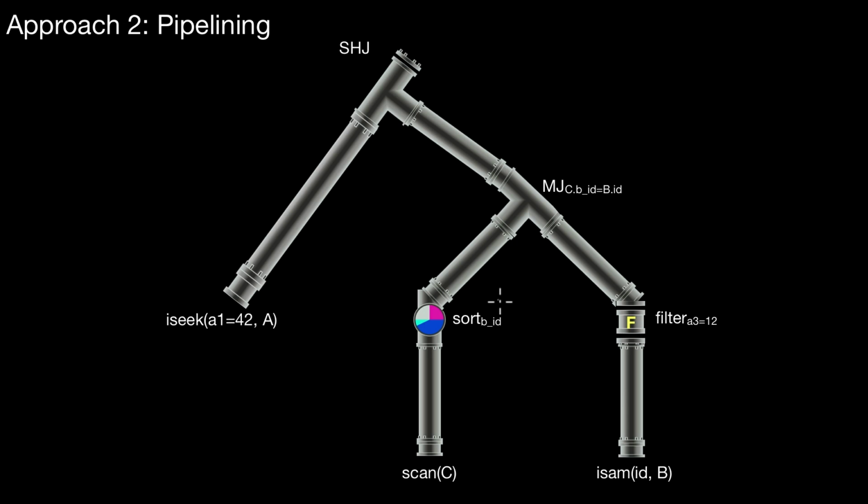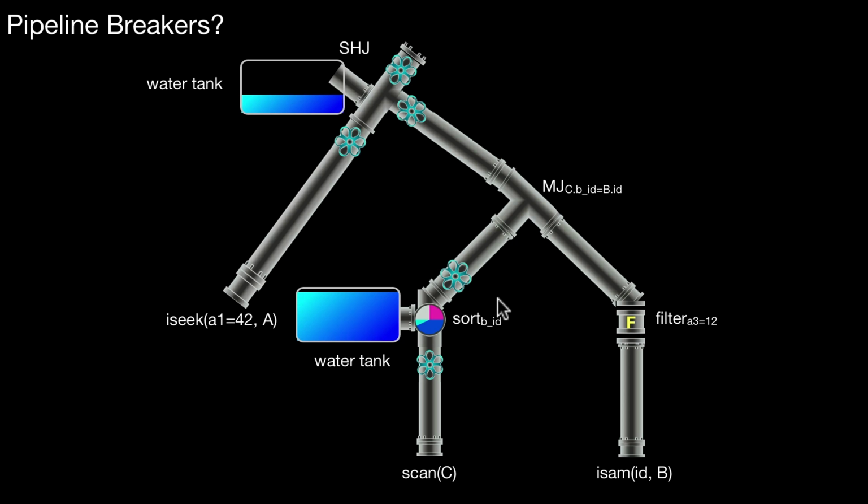This is ignoring what's actually going on in the pipeline, because what's going on is something like this. We need to show the pipeline in more detail, because depending on the operation, on the algorithm you're using, some of the algorithms add extra water tanks. So let's start with a simple example. Here's a sort operation. It's not that the water flows through this operation.